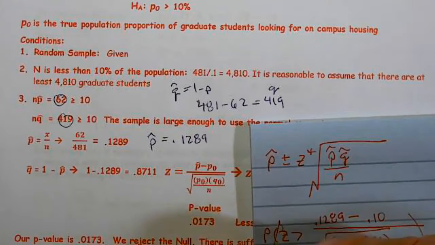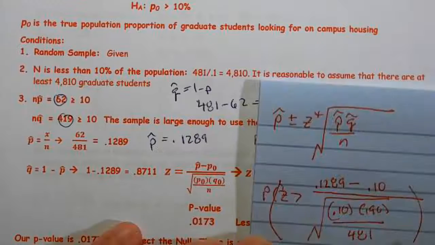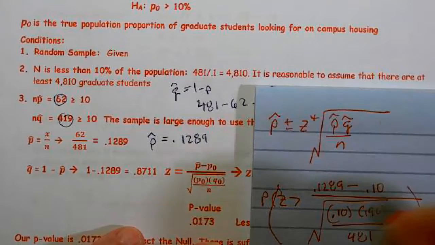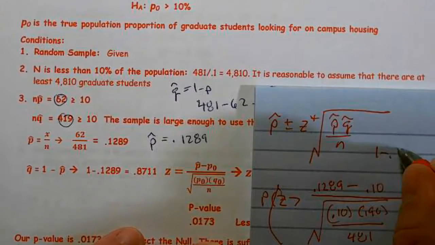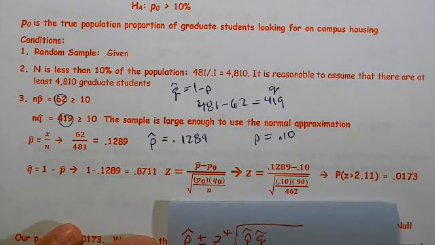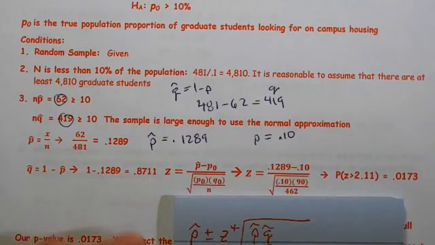Now, real quickly, I need to tell you where Q hat, or where this 0.9 came from, and it's just 1 minus the 0.10. That's where the 0.9 came from. Okay, so that's what we have there.